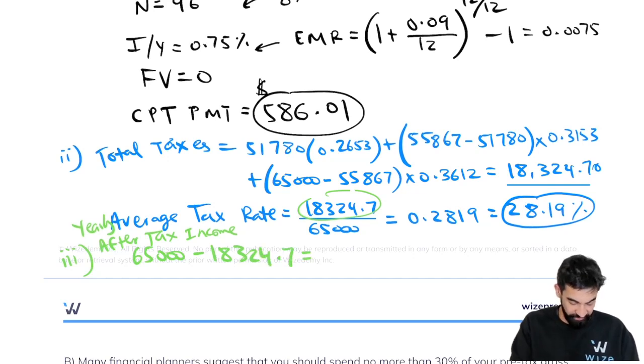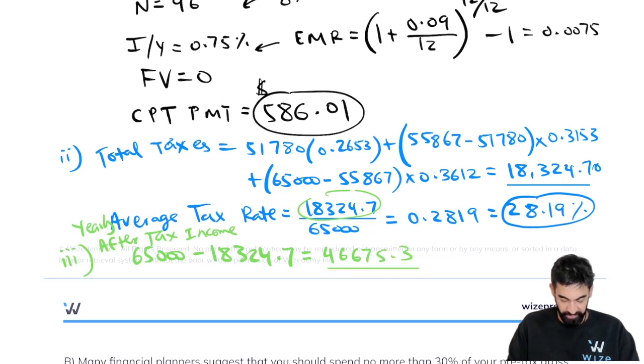So that means his after-tax income is 46,675.3. Now you can take this number and divide it by 12, to find it per month. That would be 3,889.61. That's the answer to part 3. That's his monthly after-tax income.